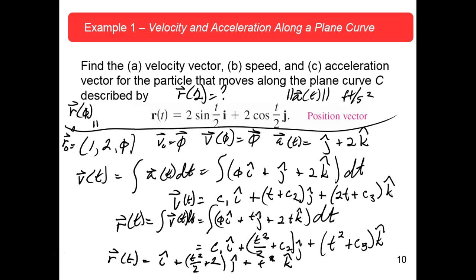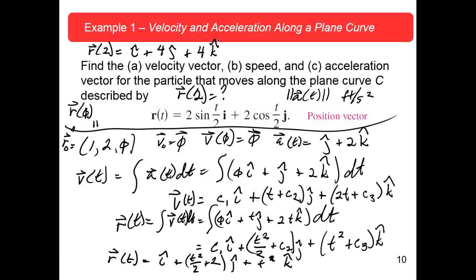So what is r of 2? r of 2 is equal to i, plus, t squared: 2 squared is 4, over 2 is 2, plus 2 is 4, 4 j, plus 4 k.